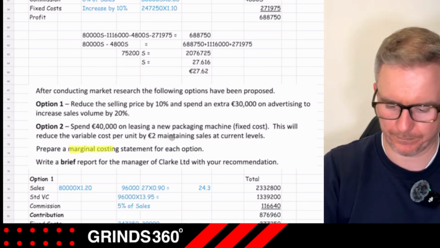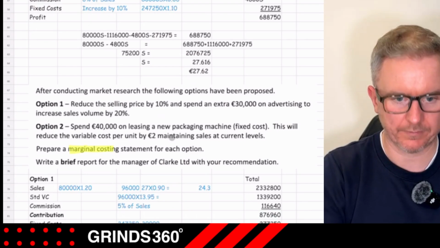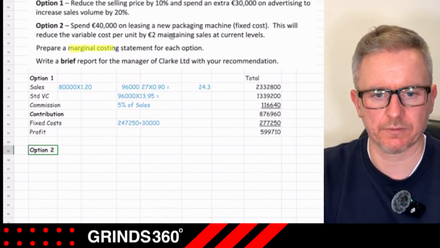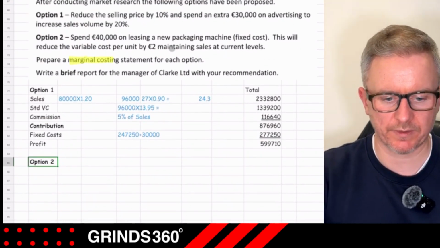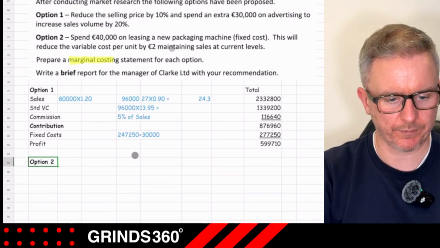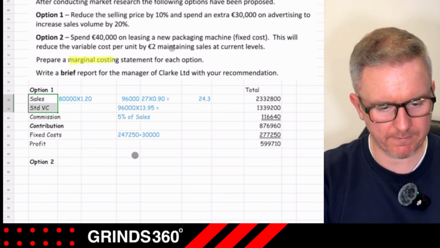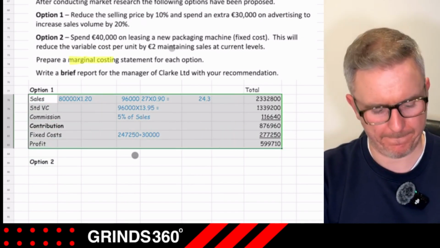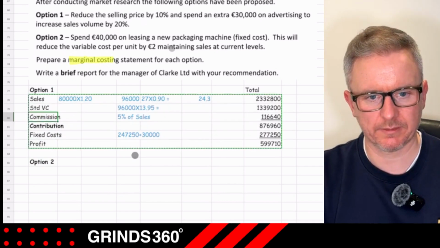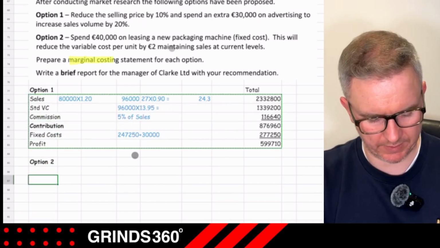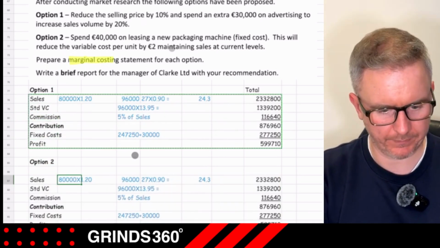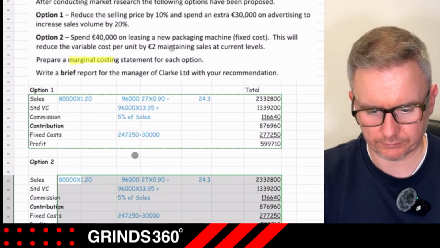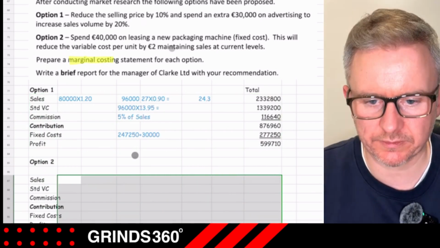Option 2. Okay, so sorry, make sure you can see those figures. Option 2, same layout again. So take everything in terms of layout and bring it down here. Now we're still good for time.